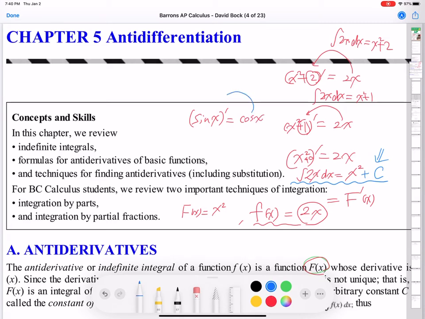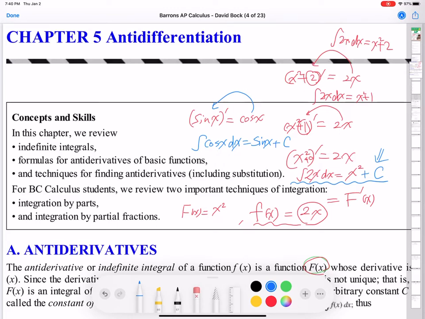The backwards of that derivative is integral. So integral of cosine x dx should be sine x plus c.